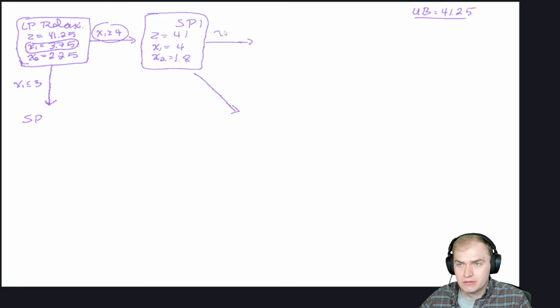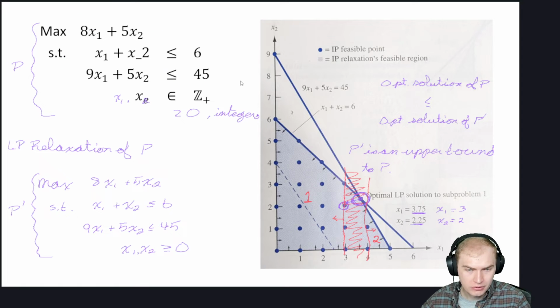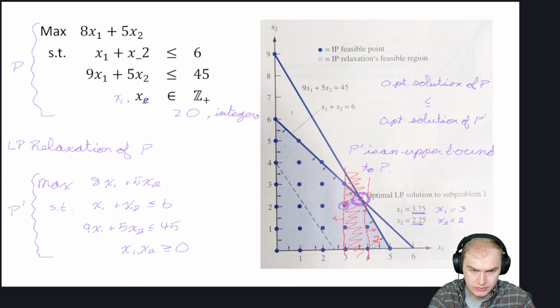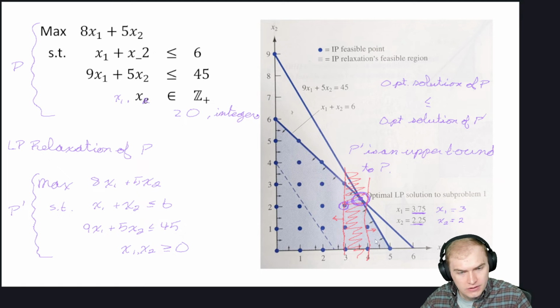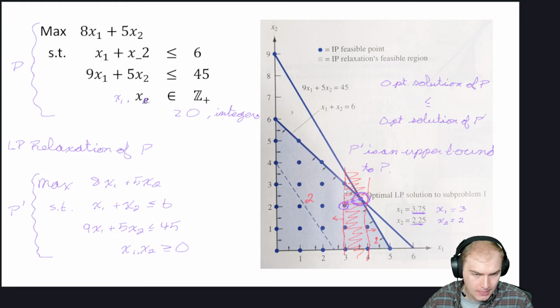We're going to add X2 greater than or equal to 2 and X2 less than or equal to 1. So if we look back at this problem, let's change this. This is actually subproblem 1. And this is subproblem 2.